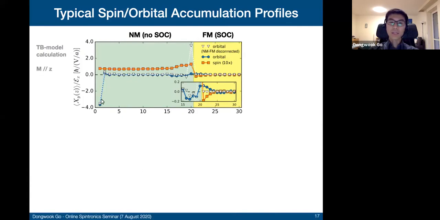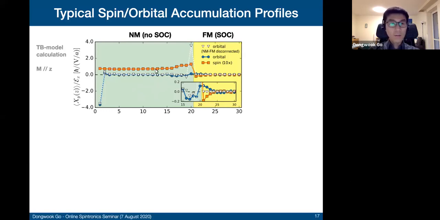So we see the accumulation of the orbital in an asymmetric way, and this is due to the orbital Hall effect in the non-magnet. But as soon as we attach the samples, we have an injection of the orbital shown by these blue dots. And also, because we have spin-orbit coupling, we have spin accumulation as well. So this is exactly as I expected, schematically.